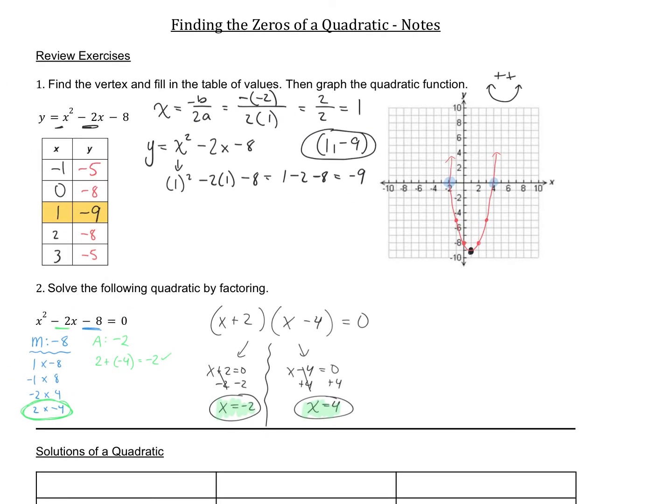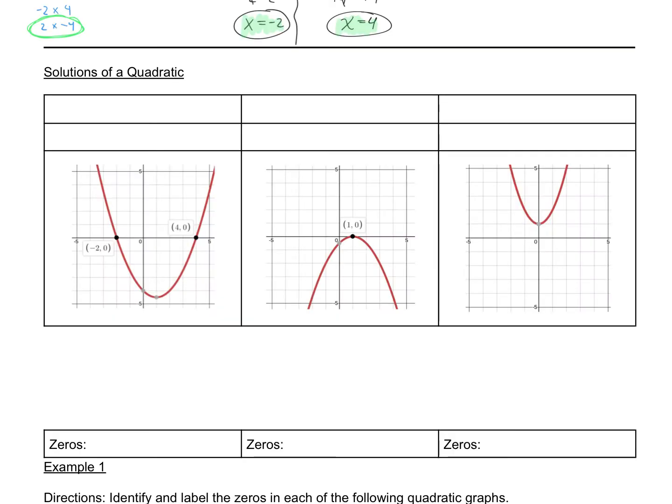So those reviews were just to get us in the mindset of what we're going to be doing in today's lesson. When you think about the solutions to a quadratic equation, the solutions are actually where that graph crosses the x-axis, also known as the x-intercepts. So in our first picture here, we actually have two solutions for this quadratic, because that parabola crosses the x-axis twice.